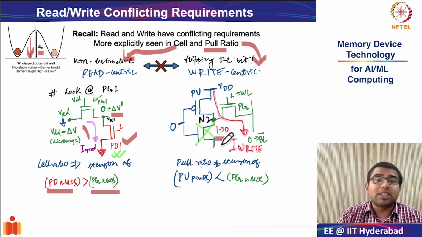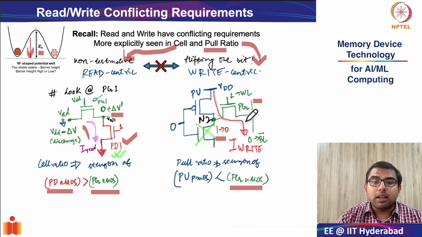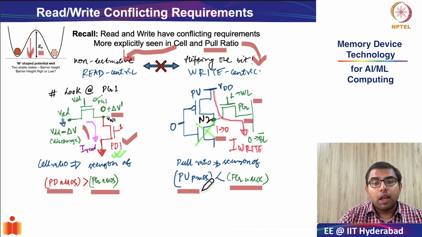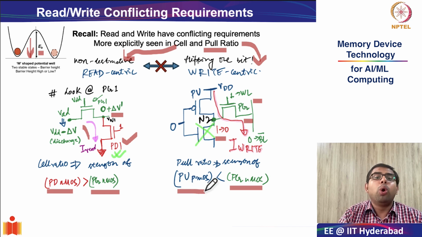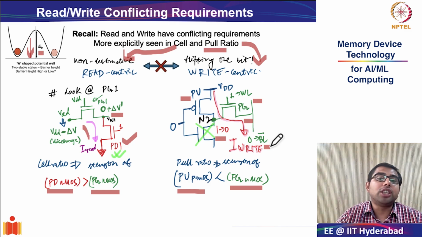This was ensured by making sure that the strength of the PG NMOS transistor, or the access transistor, was much larger compared to the strength of the PU, or the pull-up PMOS transistor. If you ensure that, the value at N2 will very easily flip from 1 to 0 because BL bar was charged to 0.